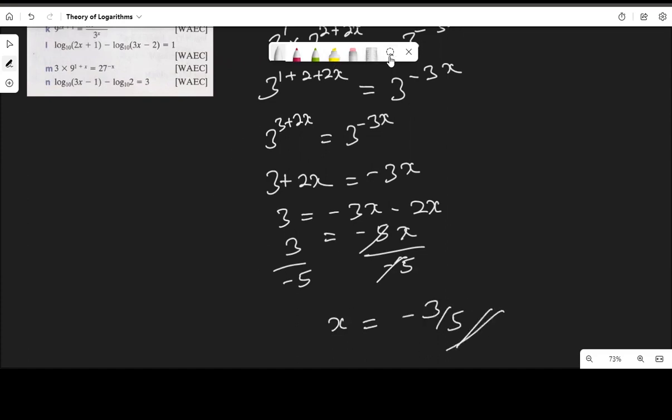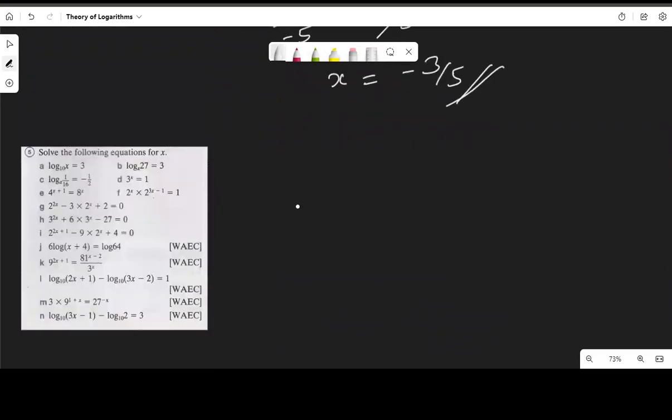Then finally, the last question, which is n, says log 3x minus 1 to base 10 minus log 2 to base 10 equal to 3. If I apply one of the laws of logarithm, I'll have to divide this.